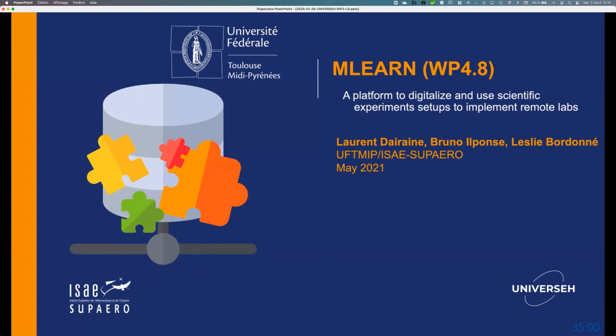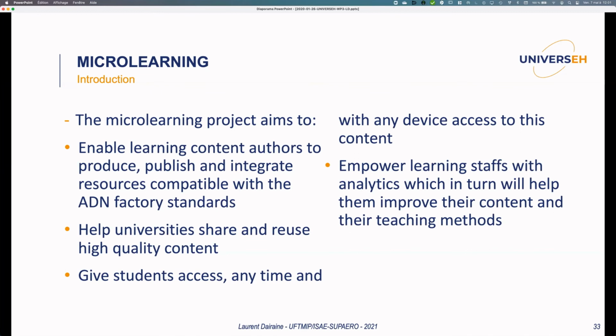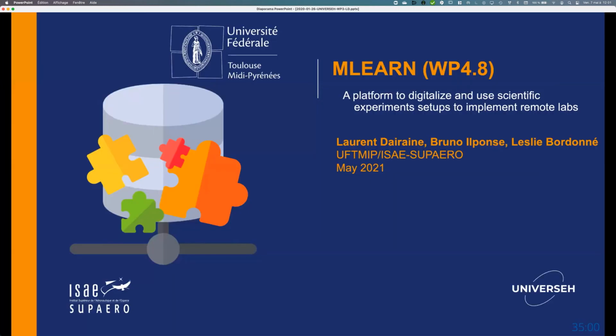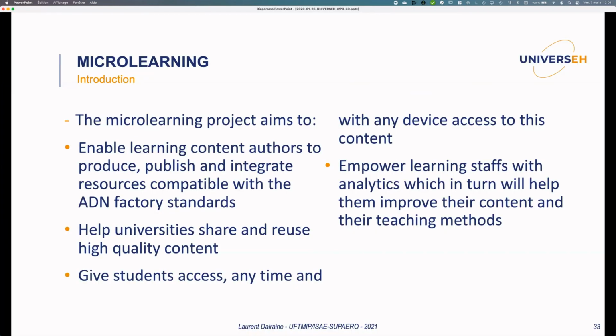I'm going to be very short because yes, mLearn is still the same approach, but the idea in the micro-learning approach is to provide a new way to present those ADNs. As we saw, the first way to use them is to integrate them into MOOC platforms or LMS, Moodle, etc. But we would like to build a platform where students can use the ADNs directly.